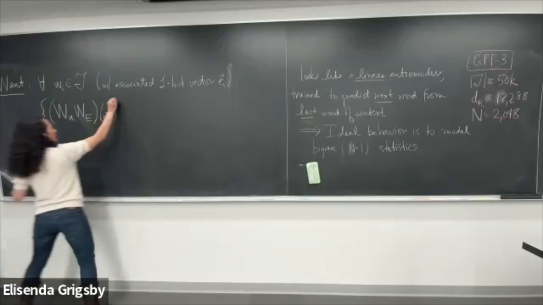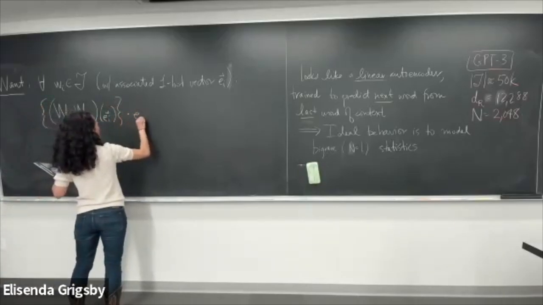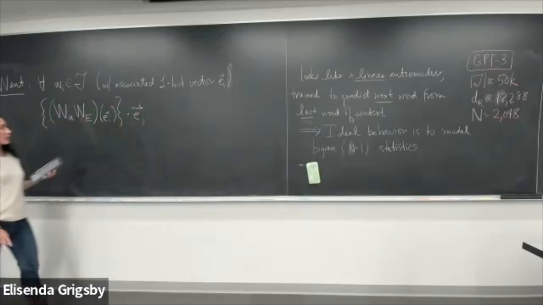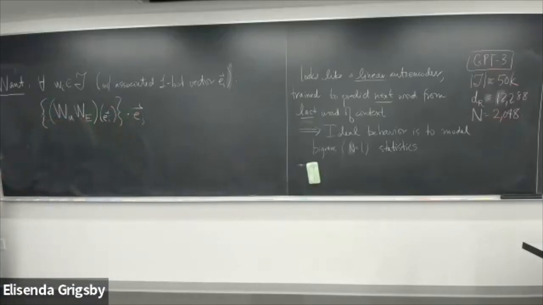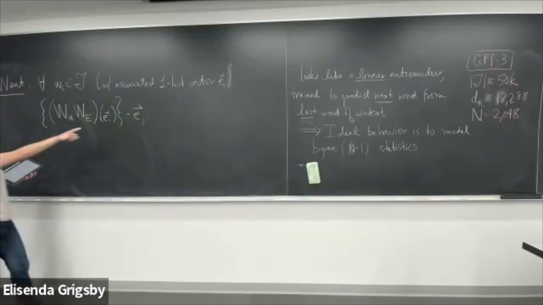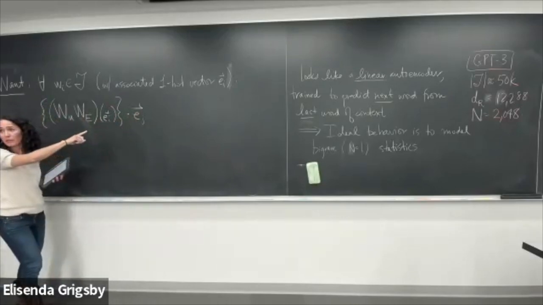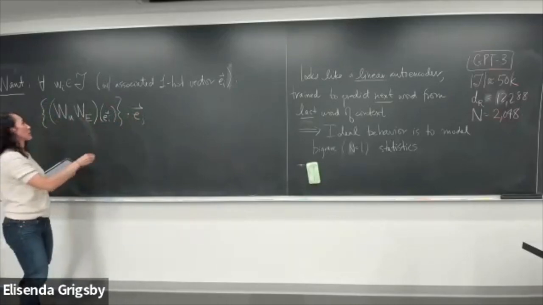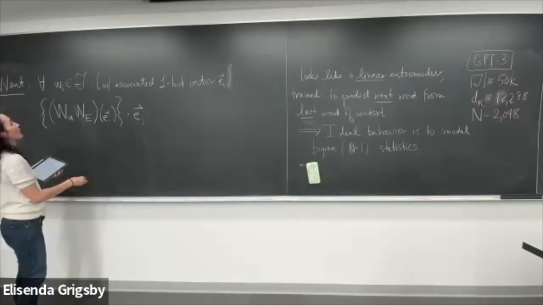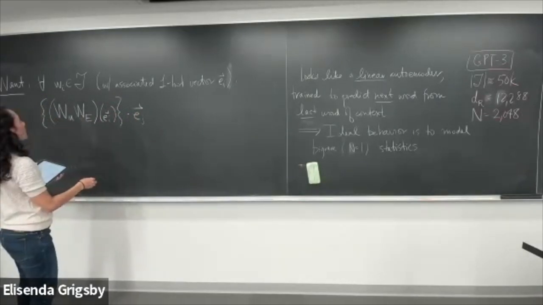And then you take the dot product with Ej. You want this to be maximized for the j that has the highest probability.